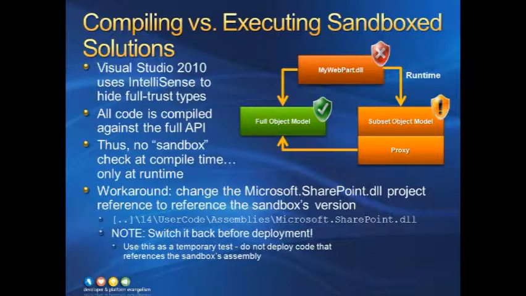You'll find this subset right here on the slide, inside 14/usercode/assemblies/Microsoft.SharePoint.dll. When you then compile your project, it'll compile against that assembly. So you first remove the original Microsoft.SharePoint reference, and then add the new one to the user code assembly. That's the way you can check.